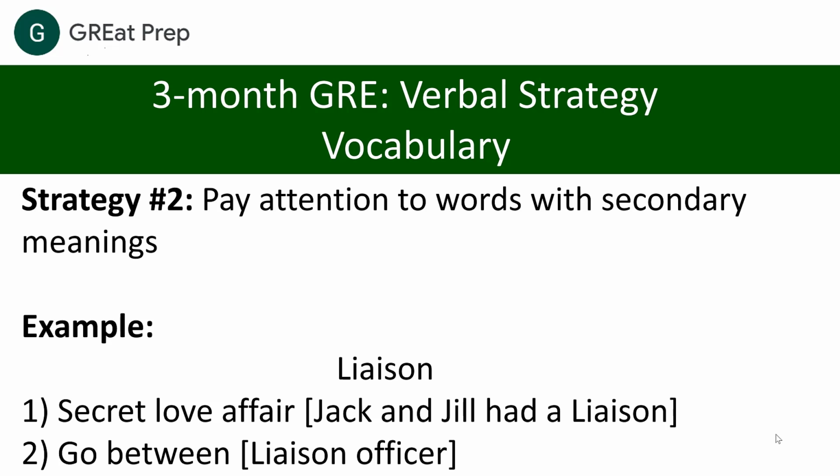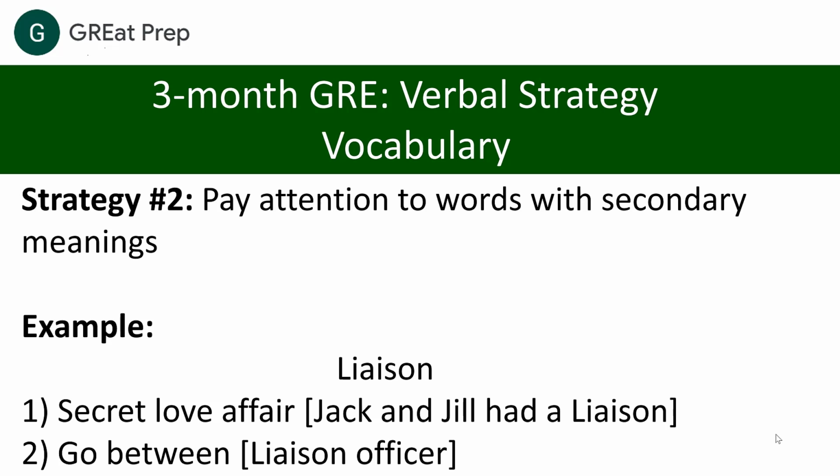Now, if they had to talk to each other in a battle, typically there would be a liaison officer who would be a go between, an intermediary, or even a broker who can help broker or negotiate between two warring parties. And that is another use of the word liaison.